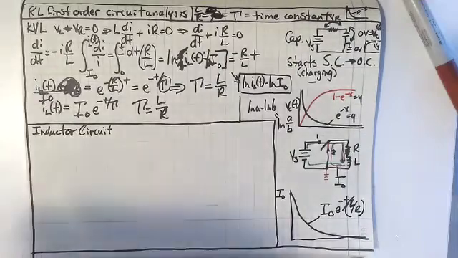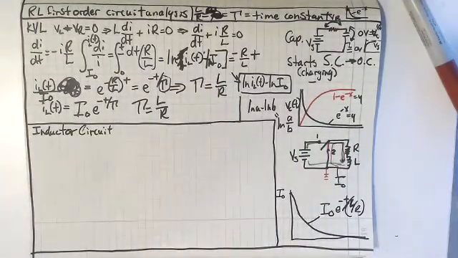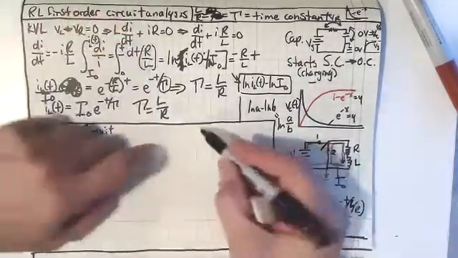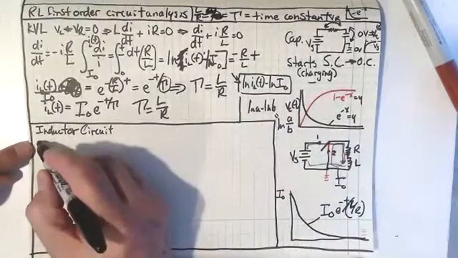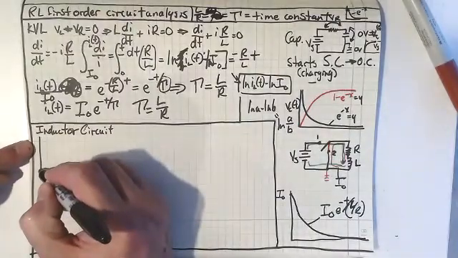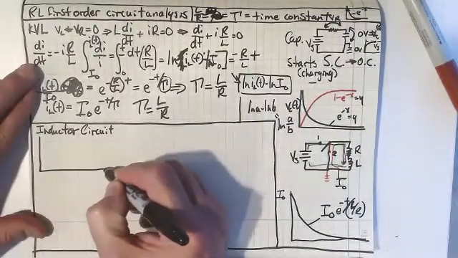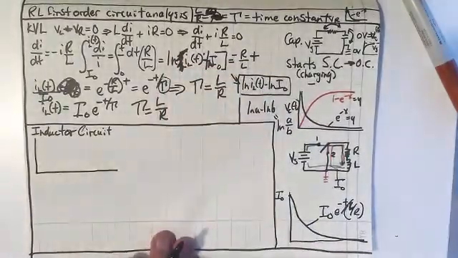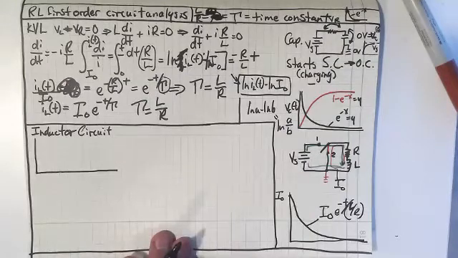Now, an inductor starts as an open circuit. So if I was to look at the voltage across an inductor that is uncharged, right? The inductor is uncharged, and then I want to charge that inductor. Well, what does an inductor start out like?